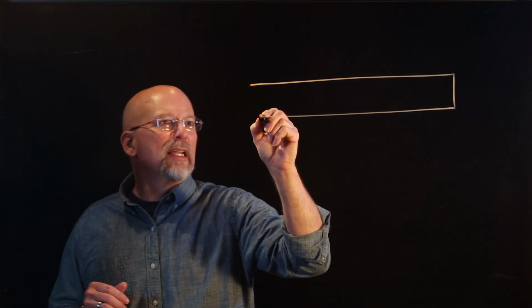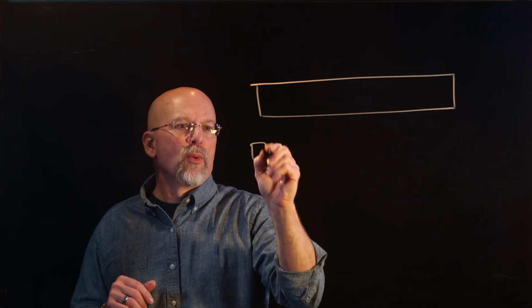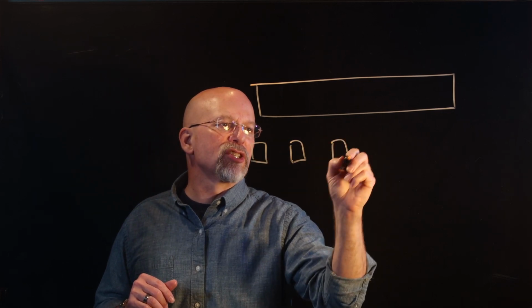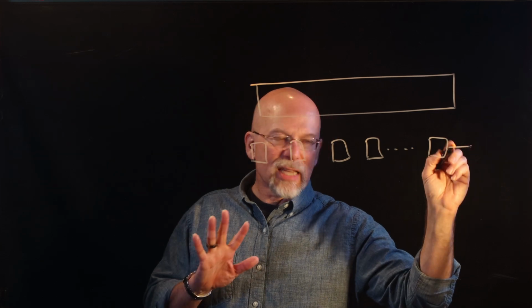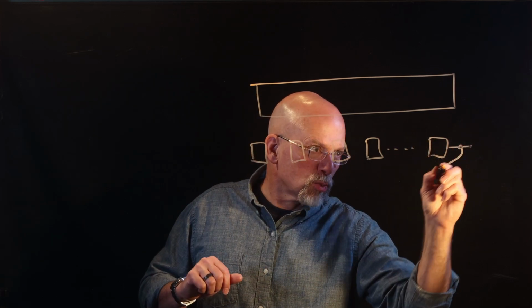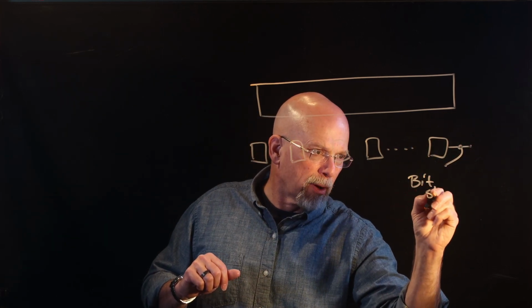Now, if you remember, whenever we're looking at a linear feedback shift register, we have a sequence of these single-bit memory cells. The last output is where our bit stream is going to be coming from.